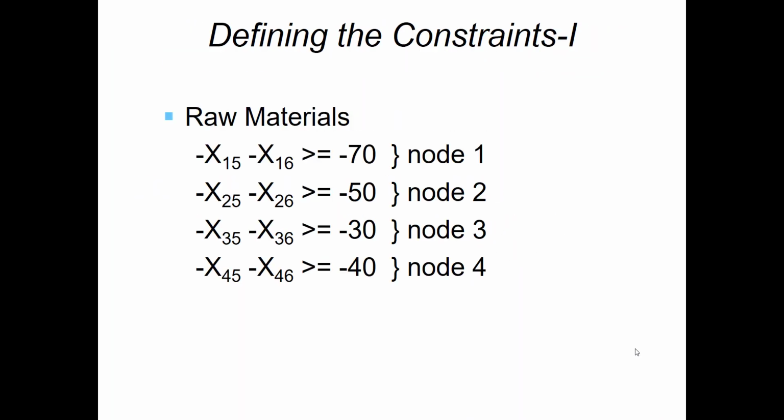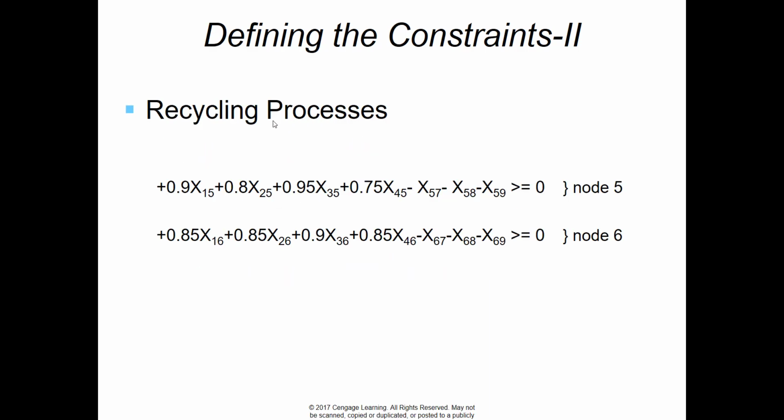So basically our constraints are divided into 3 categories. One is the raw materials that we have for node 1, 2, 3 and 4, because we don't have any inflow for these materials, we have just outflow. And then we have the recycling process in the middle.